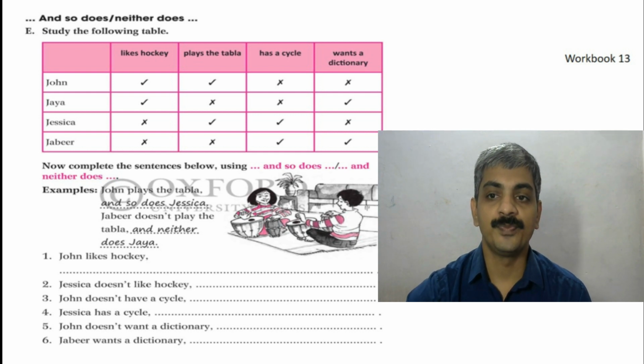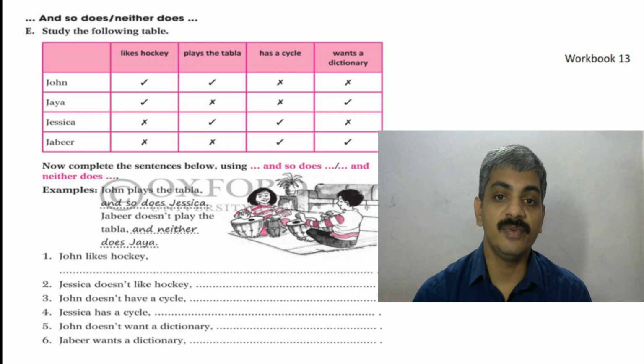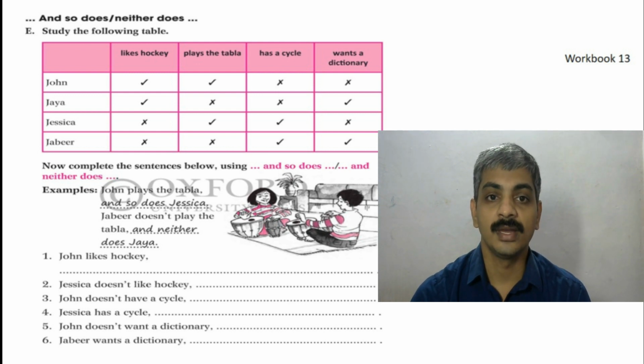First, we go to page number 13 of our English workbook. There we have an activity, "and so does" or "neither does". Study the following table. We are given a table with names like John, Jaya, Jessica, Jabir.